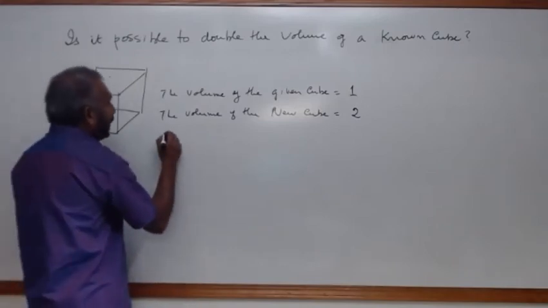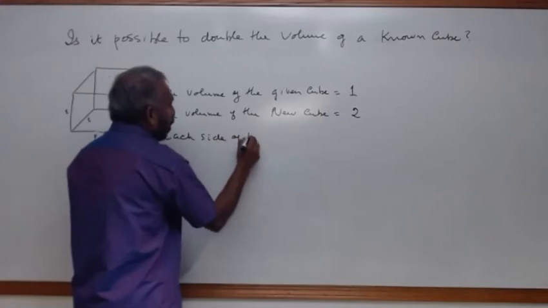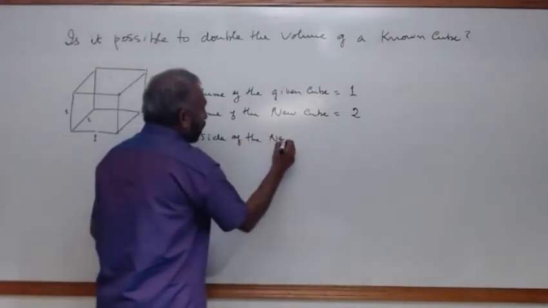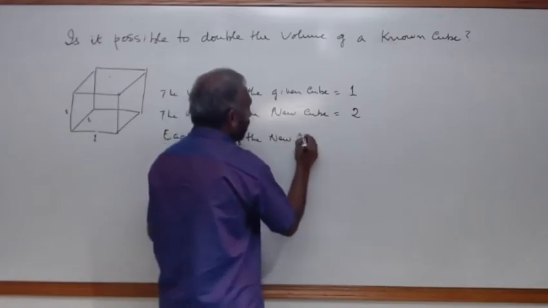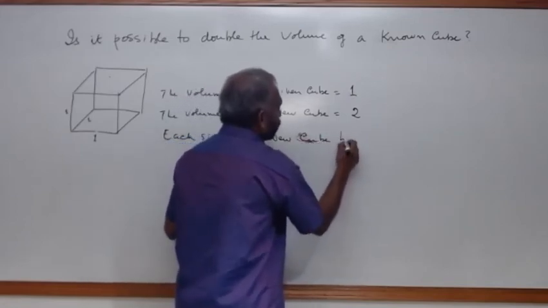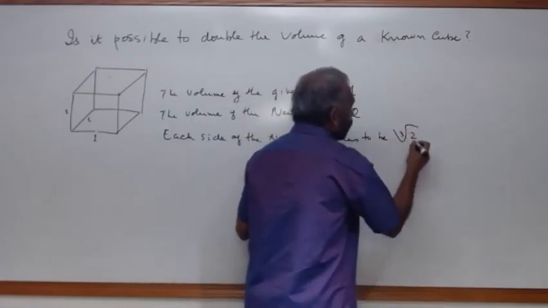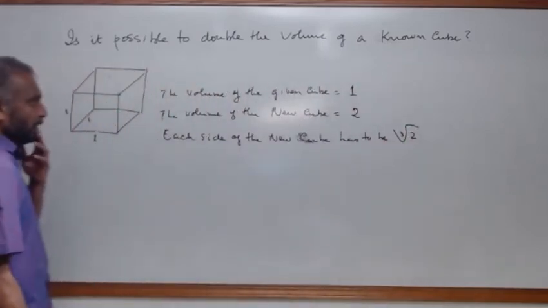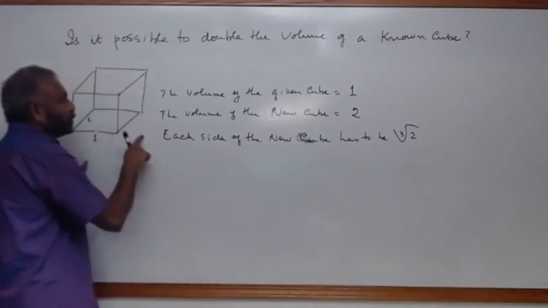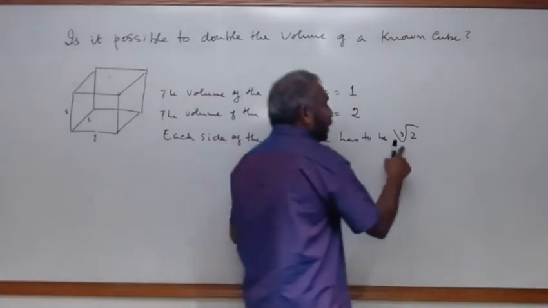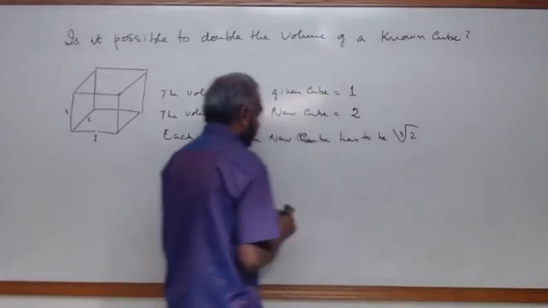So each side of the new cube has to be cube root of 2. So our question is reduced to whether you will be able to construct cube root of 2.